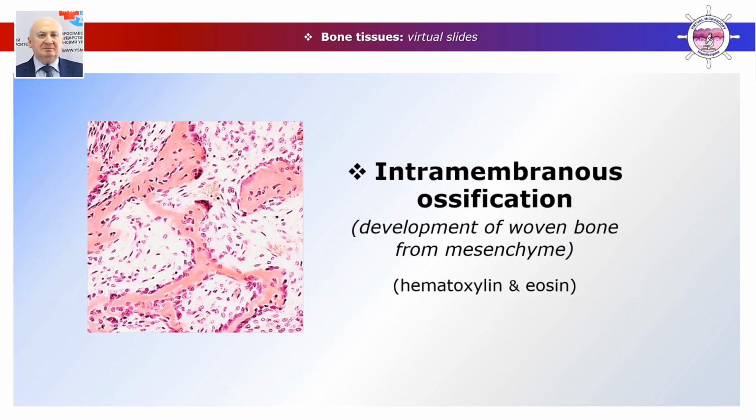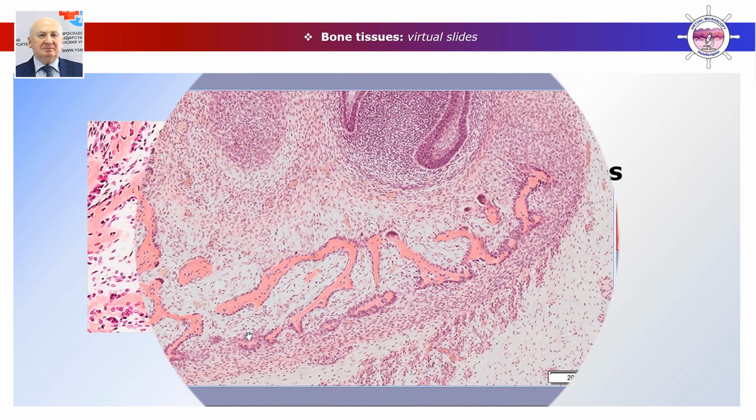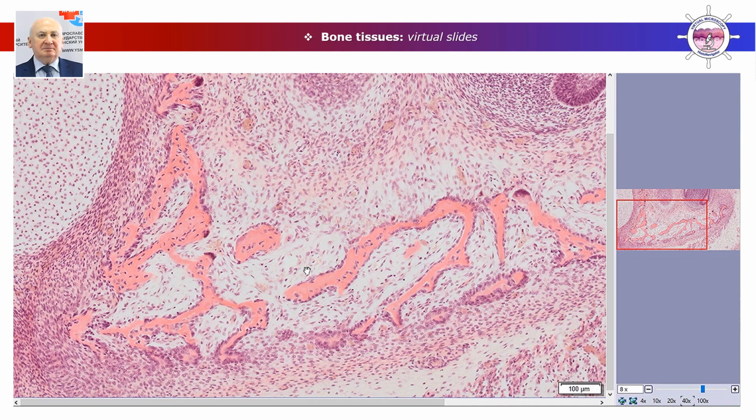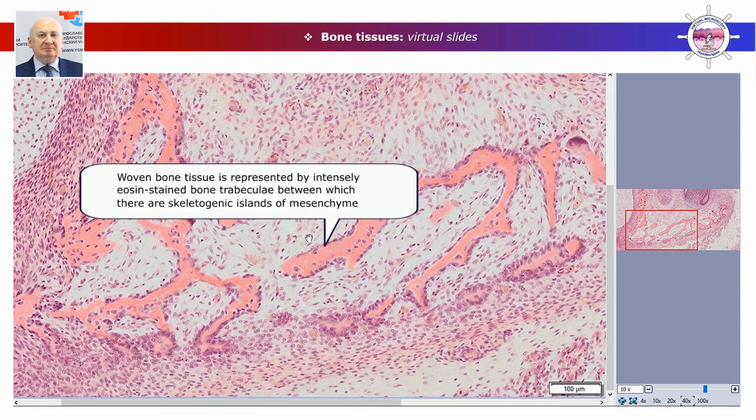Intramembranous or direct ossification, development of woven bone from mesenchyme. Woven bone tissue is represented by intensely eosin-stained bone trabeculae between which there are skeletogenic islands of mesenchyme.